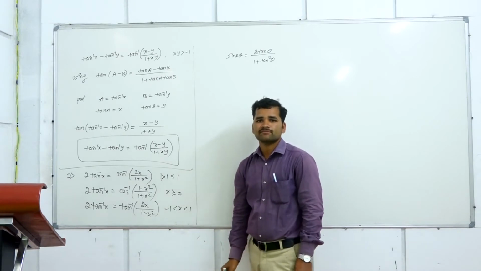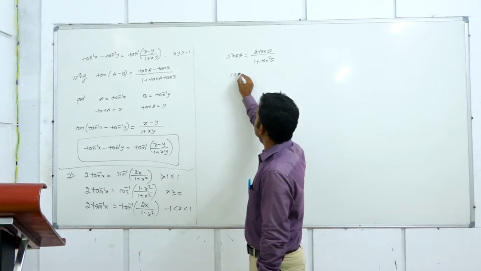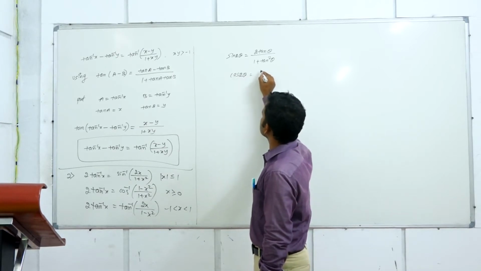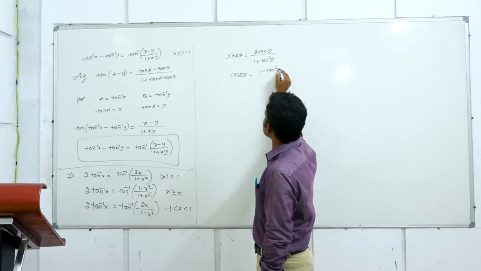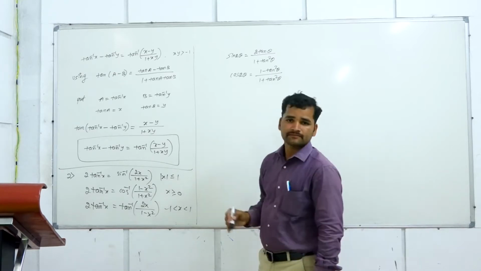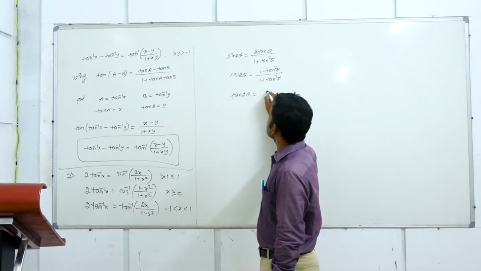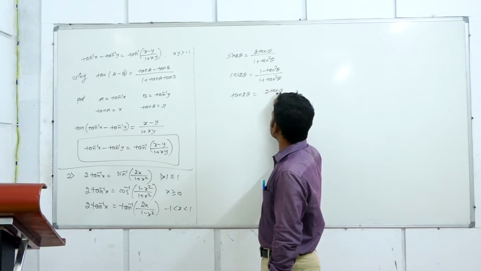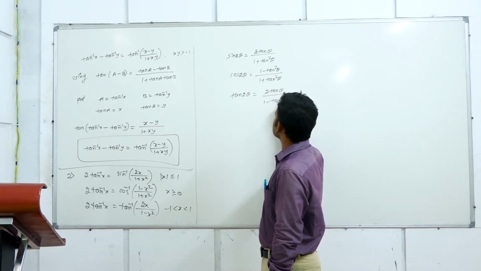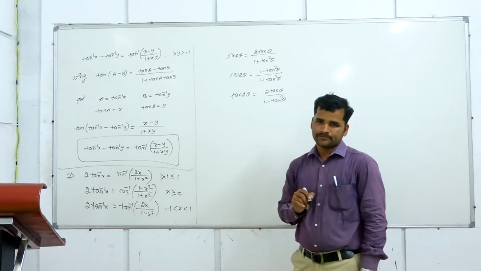First year formula these are, you should know all these formulas. And also we have cos 2 theta is equal to 1 minus tan square theta divided by 1 plus tan square theta. And then we have tan 2 theta is equal to 2 tan theta divided by 1 minus tan square theta. Here we will make use of all these formula.